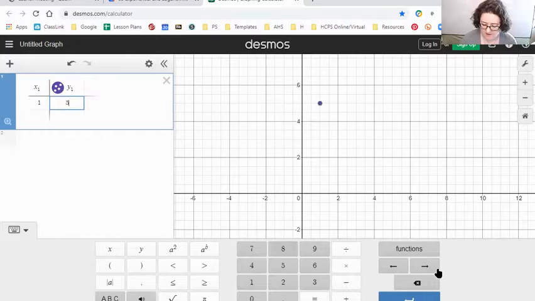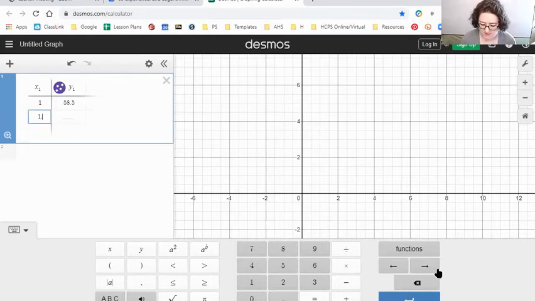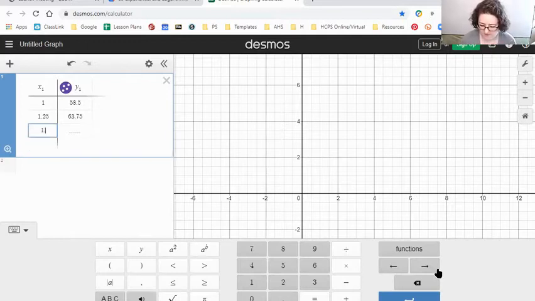So we have 1 and then 58.5. Then I hit enter. And again, I might use my arrows to go around, and then we're just typing in. So we have 1.25 and 63.75. We had 1.5 and 66.